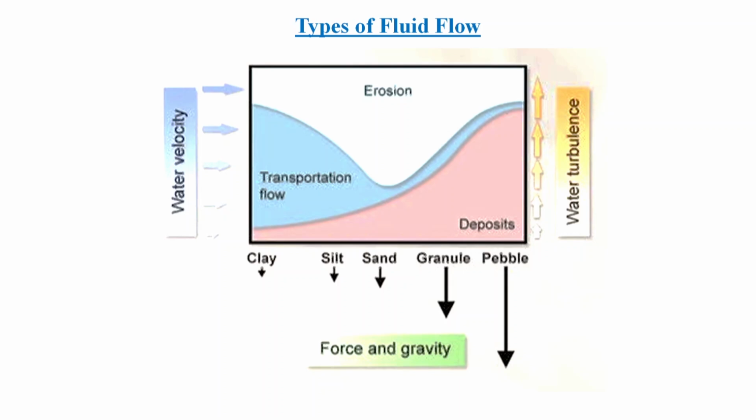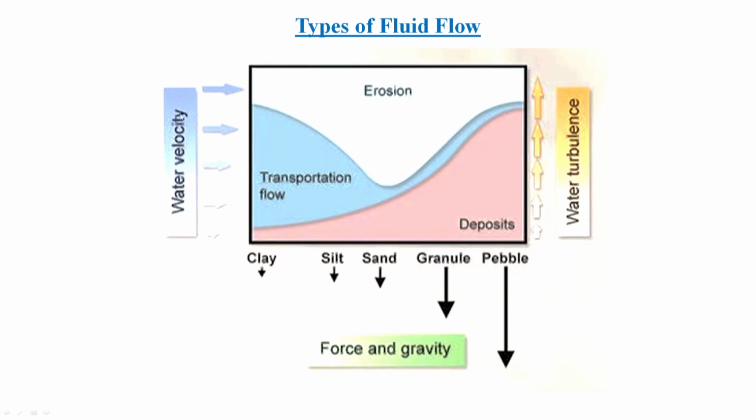That is plotted as the vertical component, and the length of the arrow represents the magnitude. A larger arrow means higher velocity of water, a smaller arrow means low velocity of water. Like I said, it is directly proportional. If the water velocity is high, the turbulence will also be high. On the other hand, if the water velocity is pretty low, the turbulence in the water will also be less.